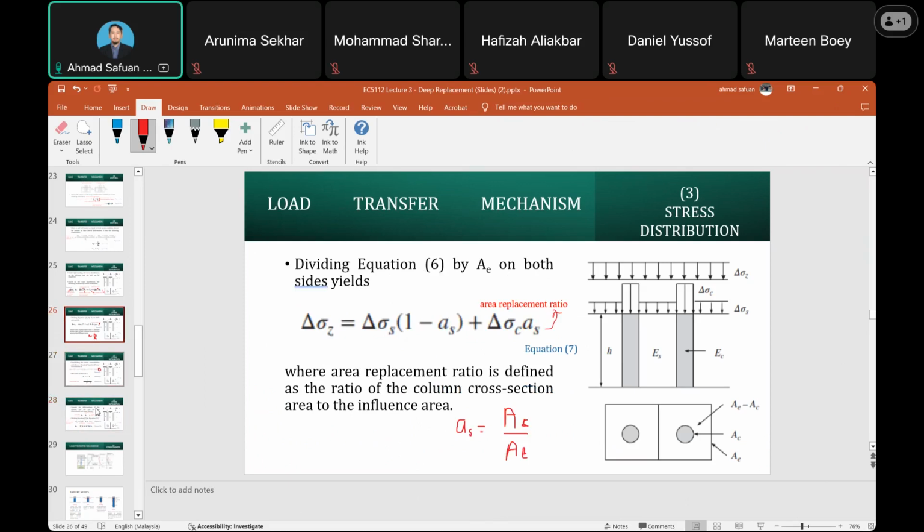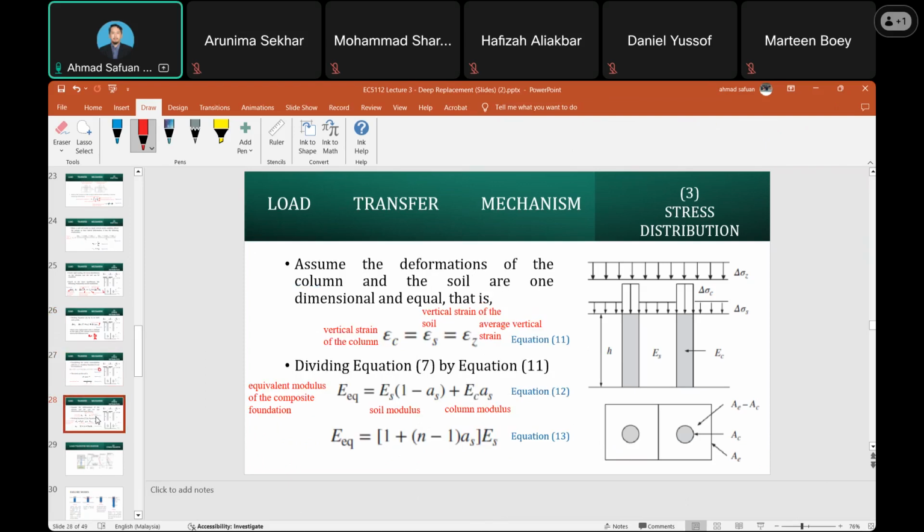Then the equivalent modulus of the composite foundation, EEQ, is equal to ES times 1 minus AS plus EC times AS, where ES is the soil modulus and EC is the column modulus.